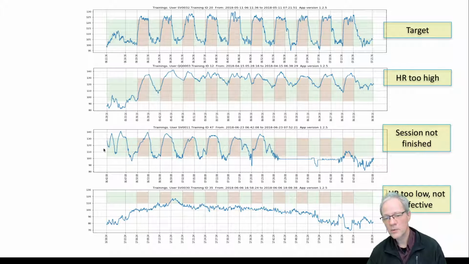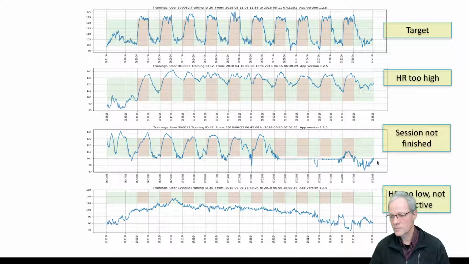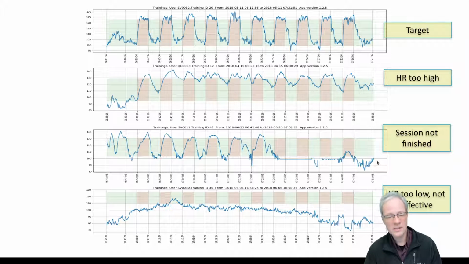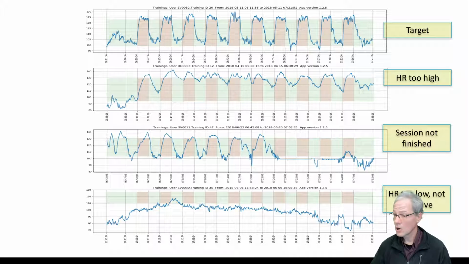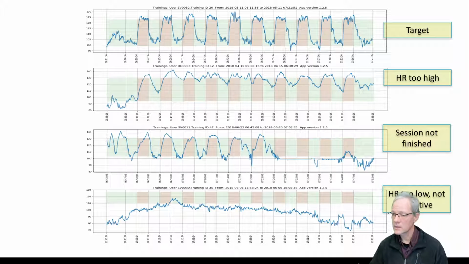Then some people would start the session well, and then they would drop the second half of the session for whatever reason. This could be that the person decided, oh, that's enough for me, I'm just going home. Or this could be the sensor malfunction as well. So there are these kinds of issues that you also need to monitor for when dealing with digital health systems, right? Or especially when you're designing digital health systems.